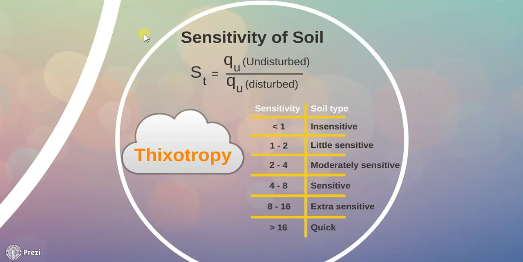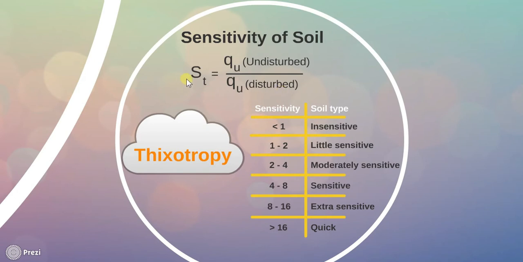Sensitivity is a measure of the loss in the strength of soils as a result of remolding. It is defined as the ratio of the unconfined compressive strength of undisturbed soil to the unconfined compressive strength of remolded or disturbed soil at the same water content.